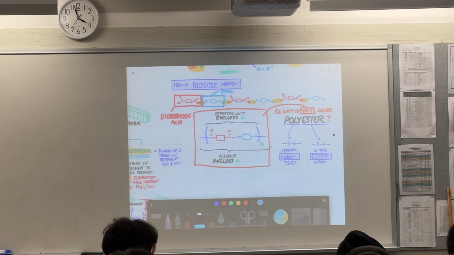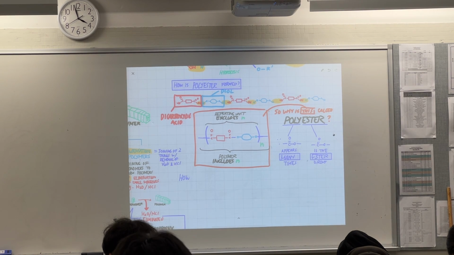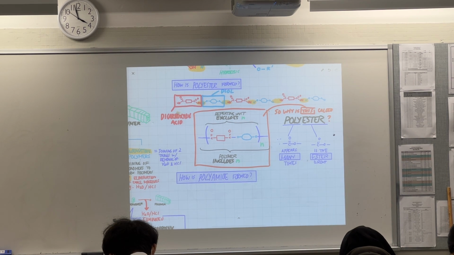Now, before we do a summary on polyester and polyamide, let me also show you how polyamide is formed. The recipe for making a polyester, as you saw, is many dicarboxylic acids and many diols.